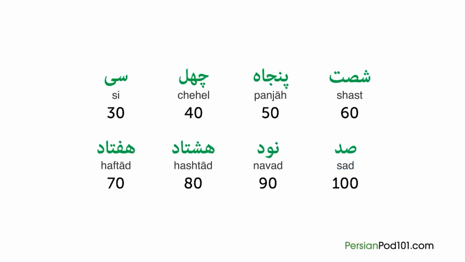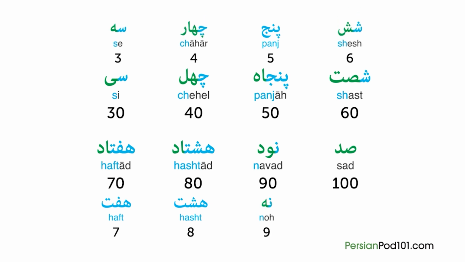Again, some of these look like their base number, like panja, haftad, or hashtad. But others you could memorize by the similarities of their first letters to their base numbers.